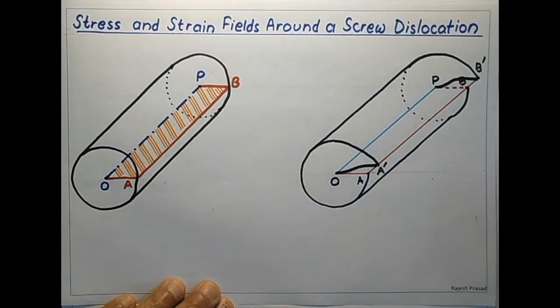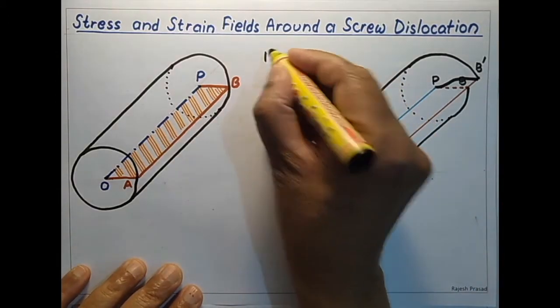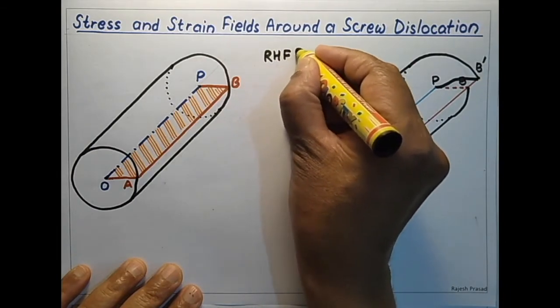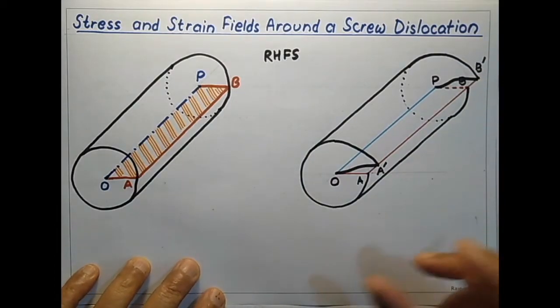To find the Burgers vector in magnitude and direction, we will use our right-hand finish-to-start convention, in which we take a right-handed circuit.